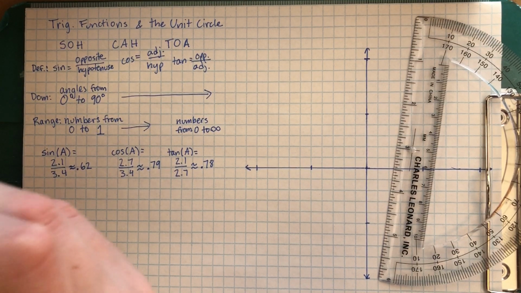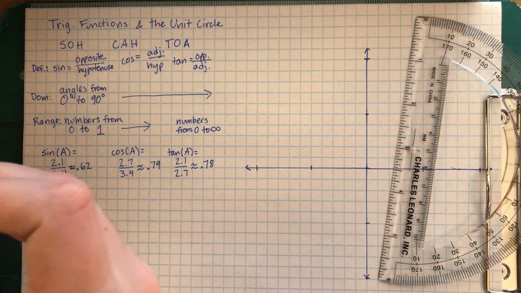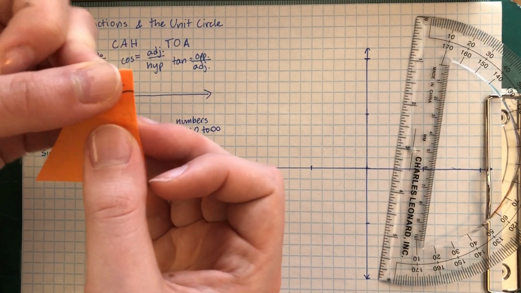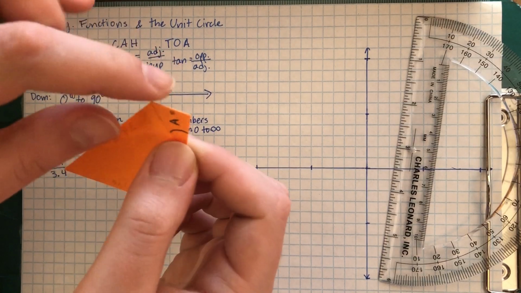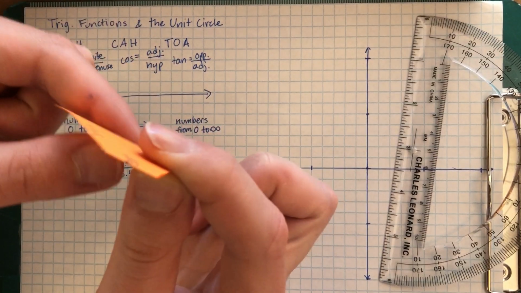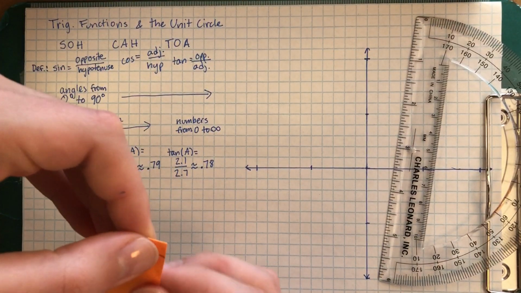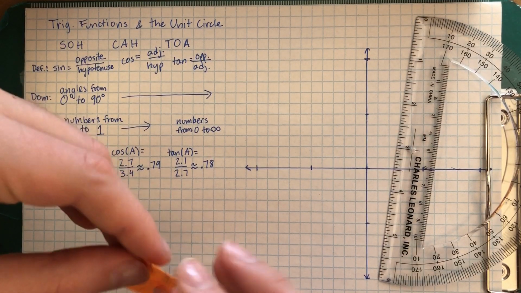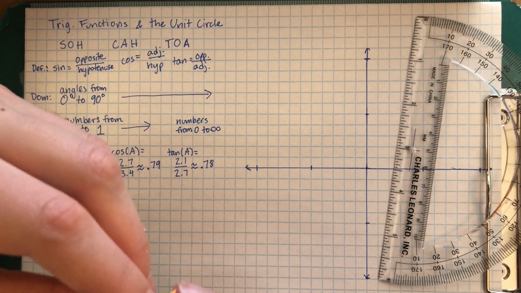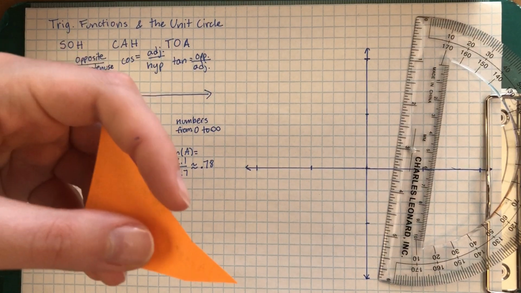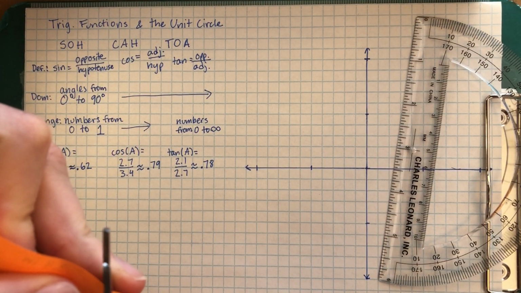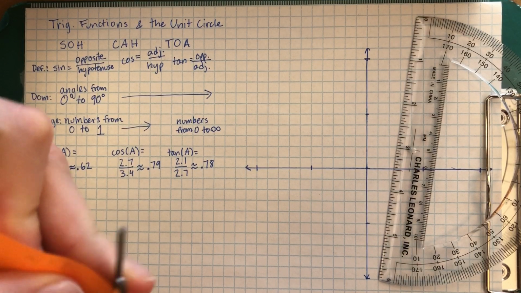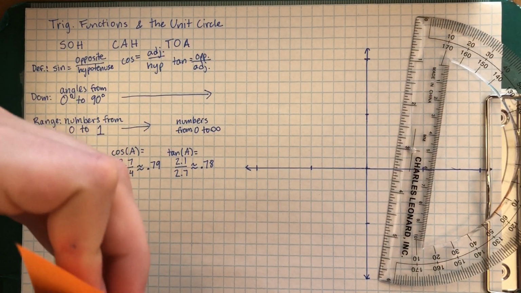Okay. So I'm folding this so that it lines up here. That just guarantees that my angles will be the same because this line will be parallel to this one. And I'm going to cut my little triangle here, as best I can.